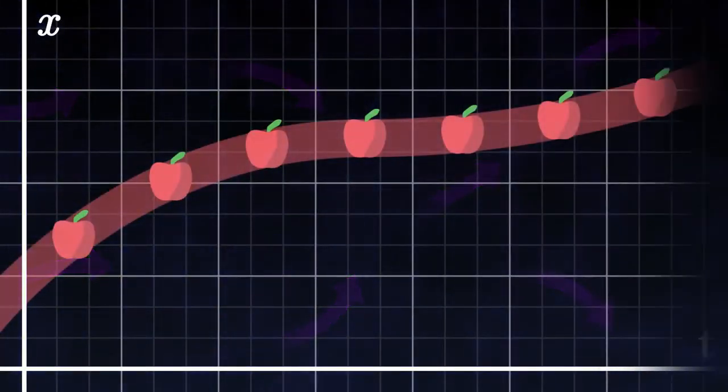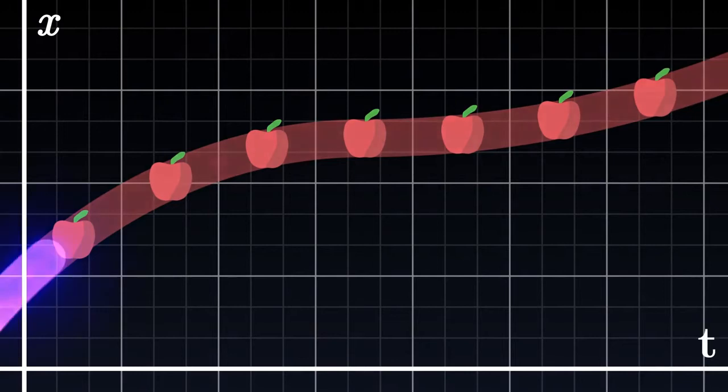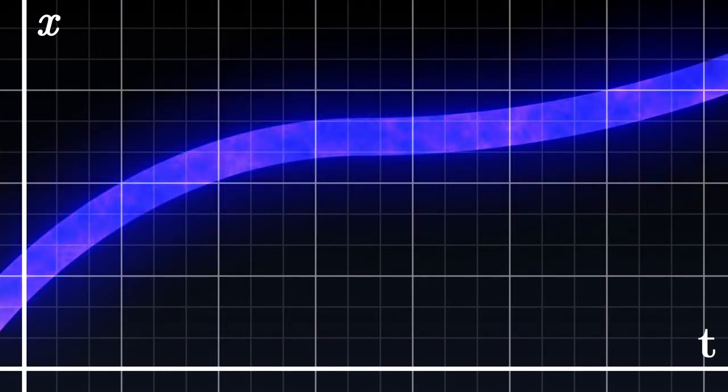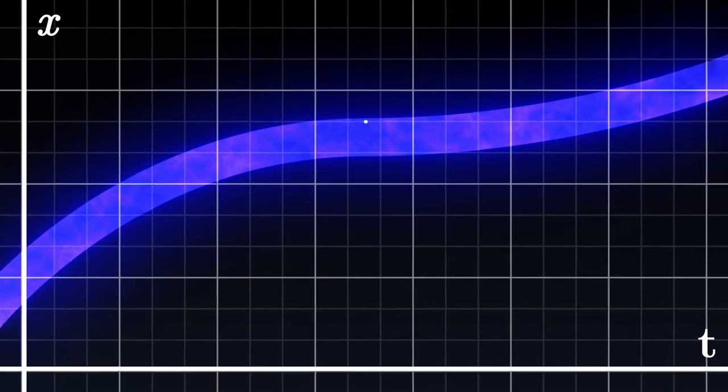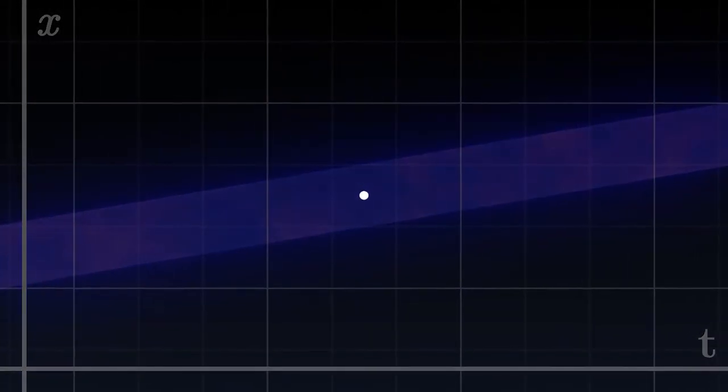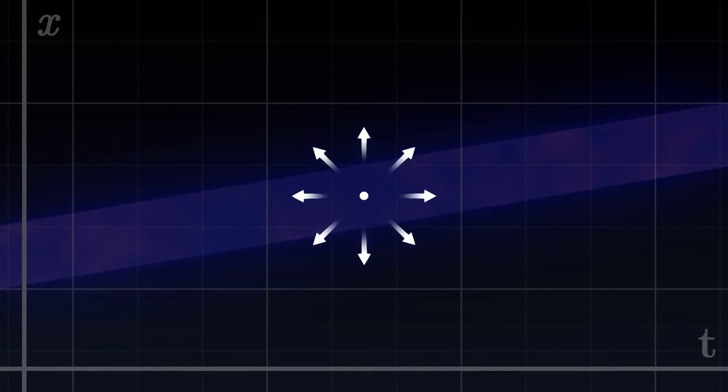The presence of an apple, for example, can be modelled as a flow of energy. To describe it, let's consider a point on the trajectory. From this point, the motion of the energy can be transferred in different directions.